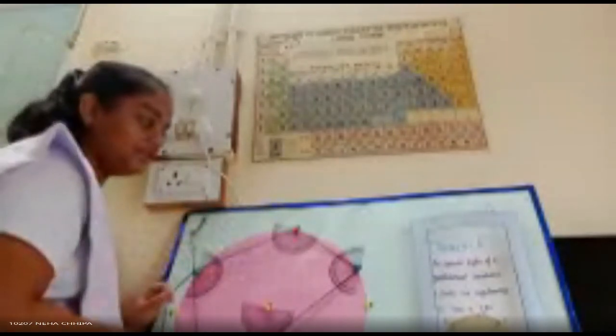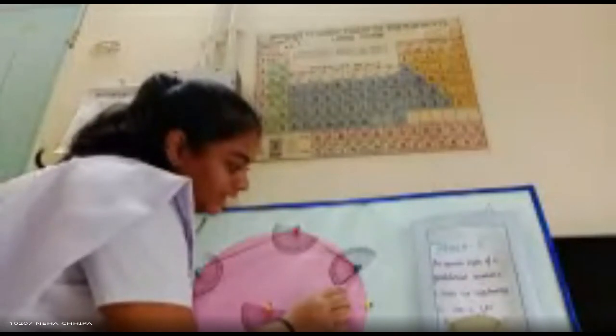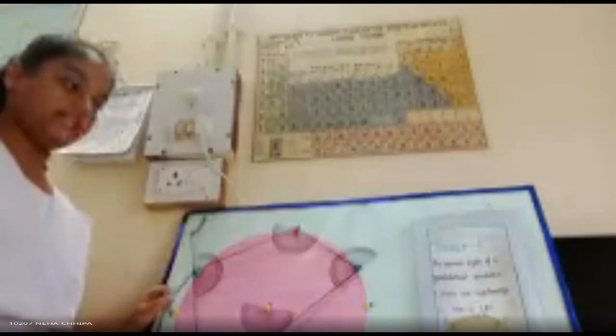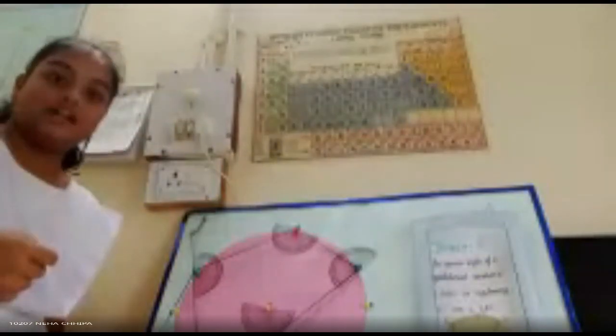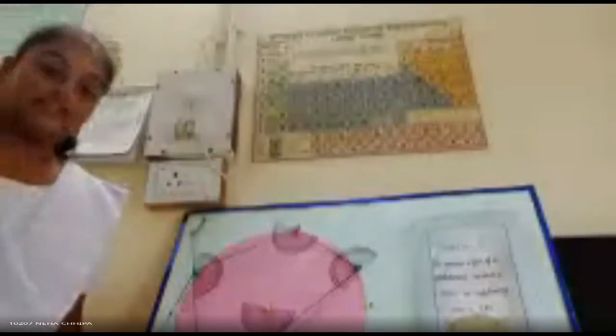They are opposite to each other and the sum is 180 degrees. Similarly, angle B is 80 degrees and angle G is 100 degrees and the sum is 180 degrees. This project is made for practice, and using this project we can find and prove different types of circle theorems. Thank you.